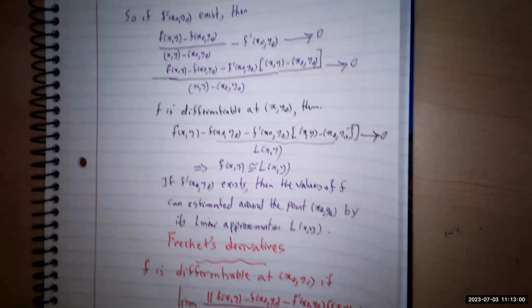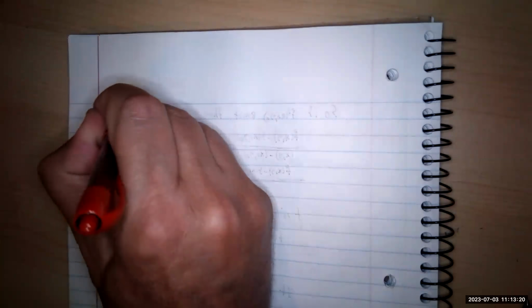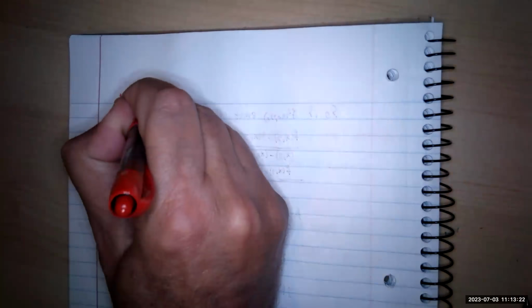So let's go back. That was history or motivation, like a research. We research it and we find out that we have to extend the notion of the linear approximation from calculus 1. Sometimes we call it tangent line approximation. So what is the version of the linear approximation in higher dimension?